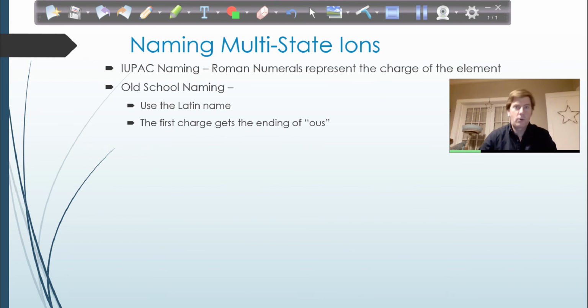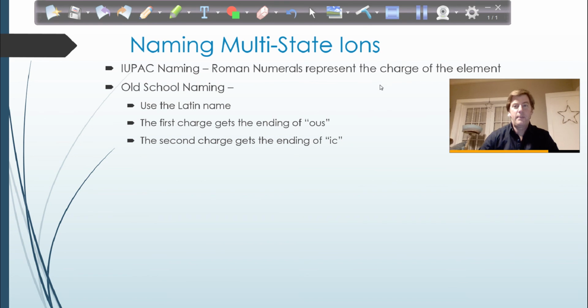Chromium with a positive 3 charge. I didn't know the other state of chromium, but if it's got a Roman numeral 3, that must be its charge. The old school, you have to know the two states, and the first one gets the us ending, and then the second one gets the ic ending. So I remember it by thinking of like us, like the team is more important than I, the individual. So us comes first before I in ic, right?